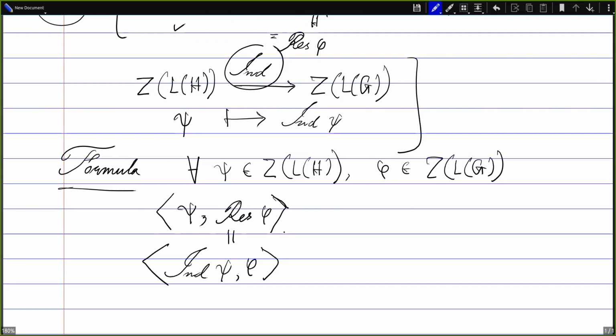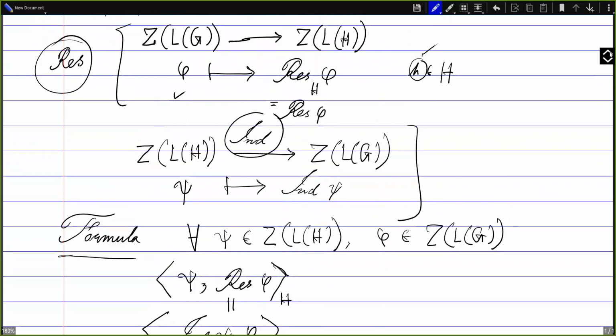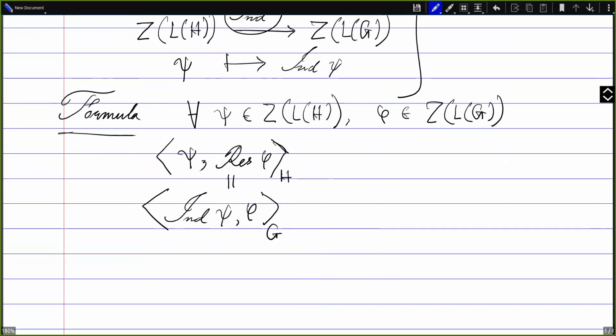However, if you wish, you can put some H and G here just to be very sure that no confusion happens. Okay, so this is what the Frobenius reciprocity formula says. We shall prove that, but before that, let's see an immediate corollary.